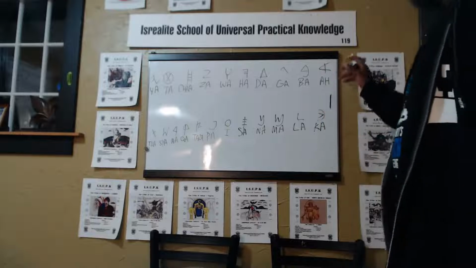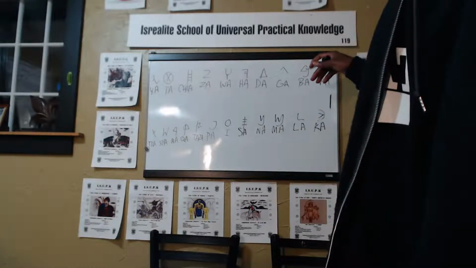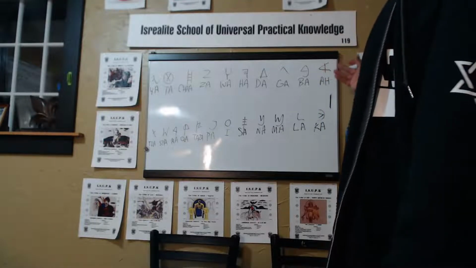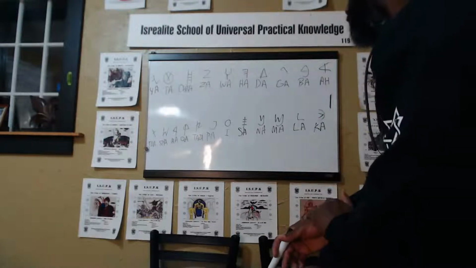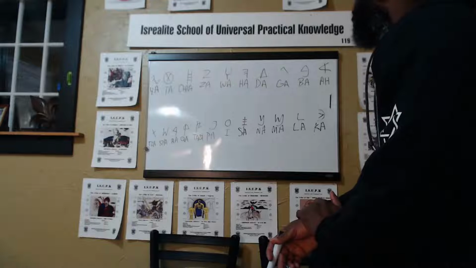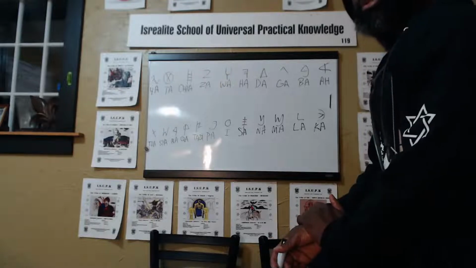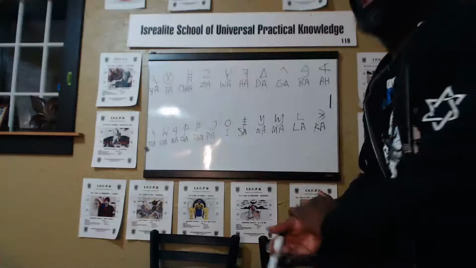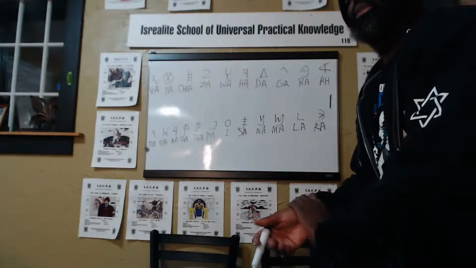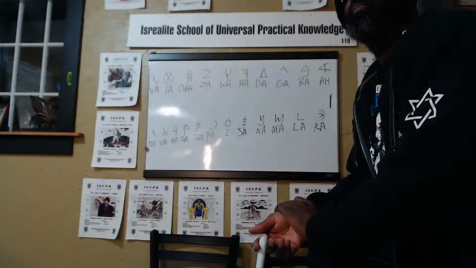Let's see. A, B, C, D, J. Yeah, the J. So I don't even know if there's a sound represented for the J. That makes sense because the J was invented in like the 1700s, something like that. Yeah, that's what I heard.